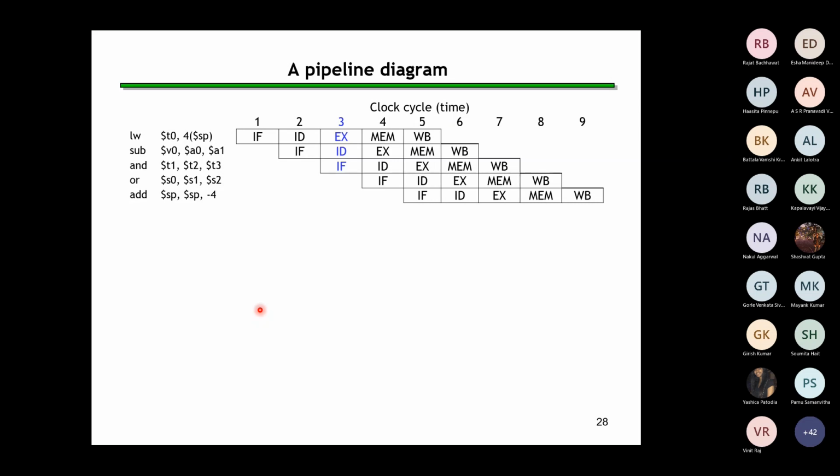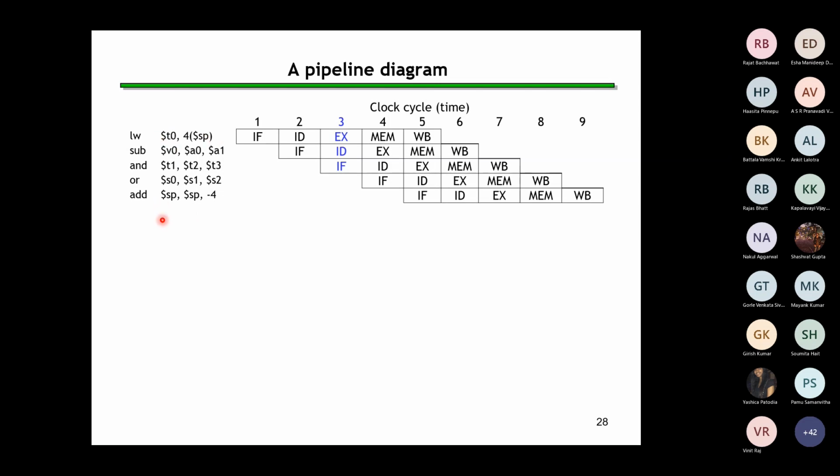And therefore, since the operations are overlapped in time, this finish time is reduced. If you have 5 instructions, normally in a single cycle case, with a disjoint implementation, for each instruction I need 5 cycles.